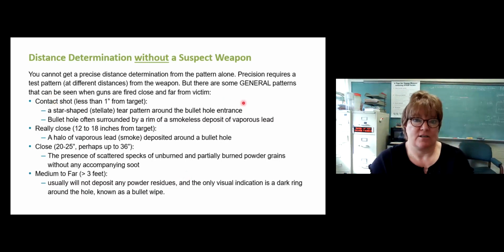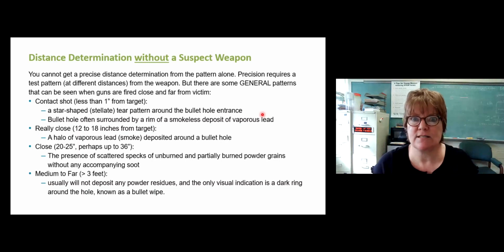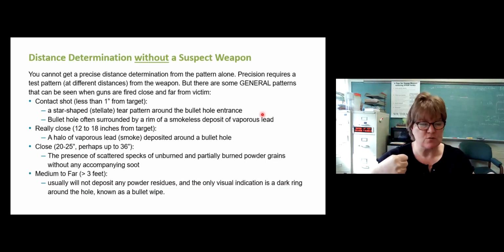If it's a contact shot, meaning the gun is up against the wall or whatever it hits, let's think about it hitting a victim. If the gun barrel is pressed against somebody's side and you shoot, all of that residue pretty much gets right there. There's nowhere else for it to go.